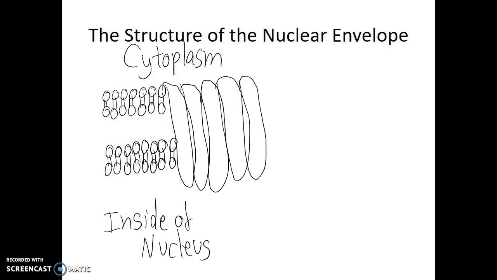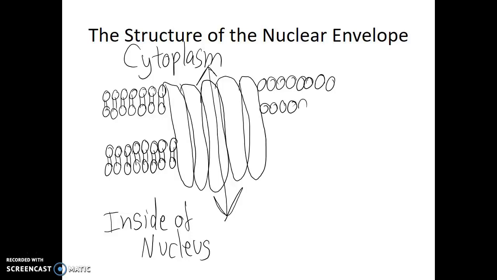This drawing is only two-dimensional, but imagine these proteins forming a ring-like structure, which allows certain molecules to pass from one side of the double membrane to the other. And remember, each one of these phospholipids would have their own two tails.